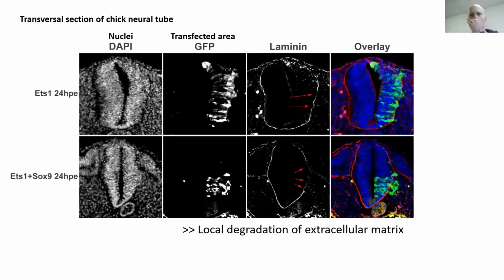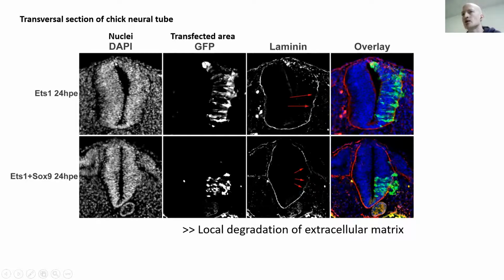Here are some examples of how we try to modulate or challenge epithelial stability at the transcriptional level. Here we express different combinations of genes that are upstream of these final regulators of adhesion and polarity. On the top row, you have the effect of expressing a gene called ETS1, which is a transcription factor.